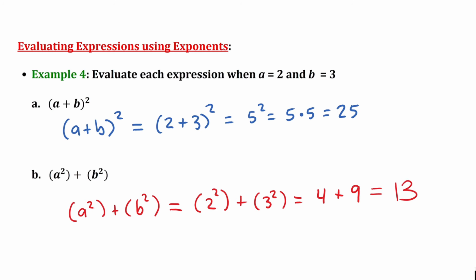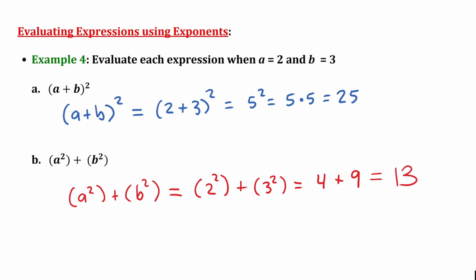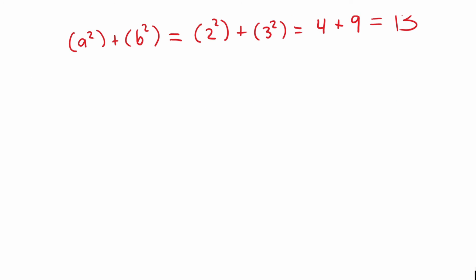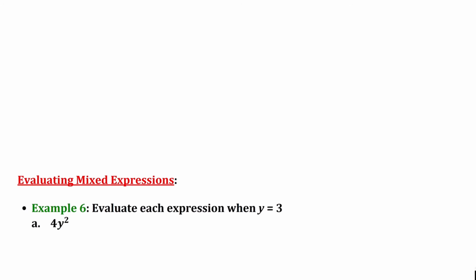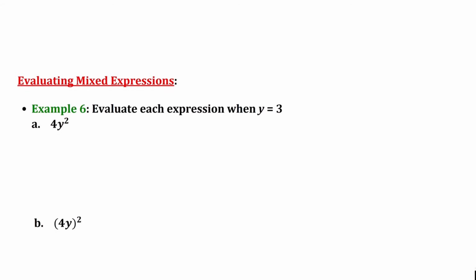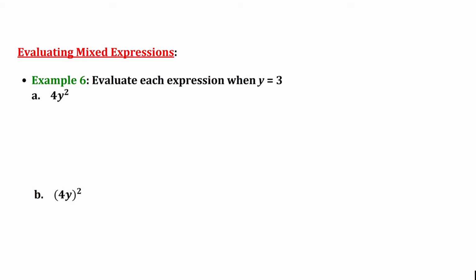Okay, all right, so we're going to do some mixed expressions next. So here it looks like we have the same problem, except there's only the difference of parentheses. We're asked to evaluate each expression when y equals 3. So again, I'm going to rewrite what they gave me.